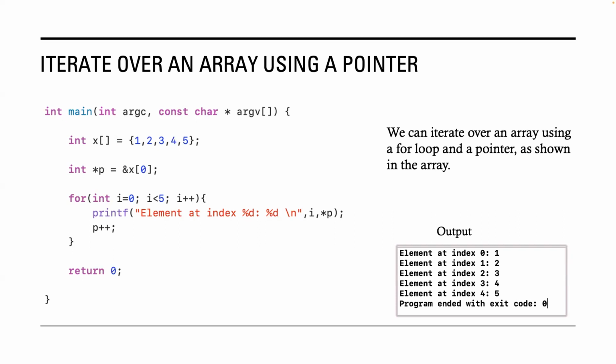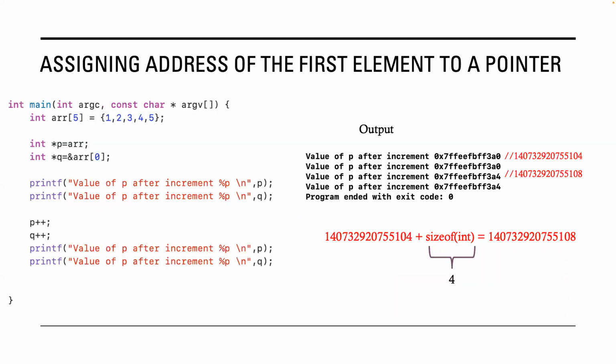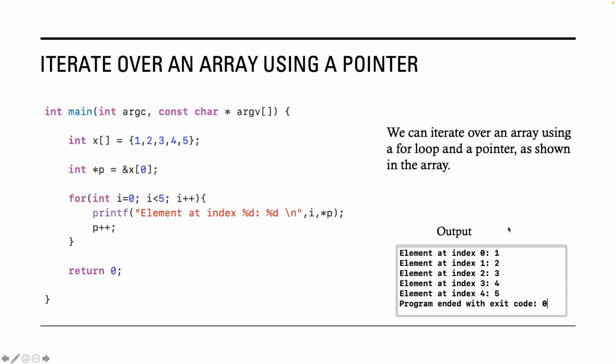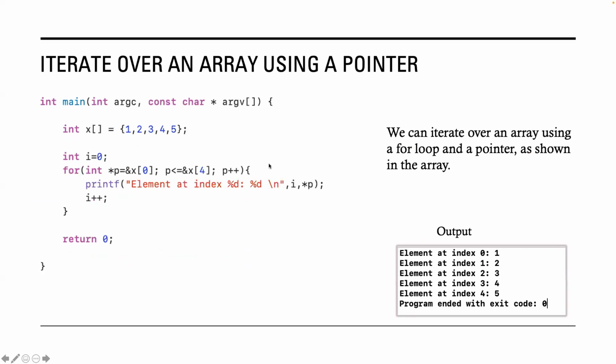It is happening because a pointer increases its value in this way, always increased by the size of the data type. That means it goes to the other element of the array.